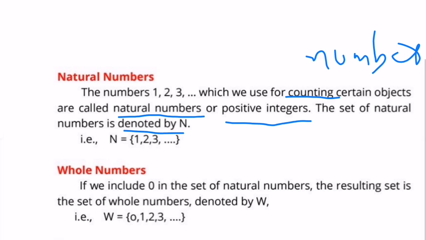So the number which we use for counting is called a natural number. Whole number: if we include 0 in the set of natural numbers, the resulting set is the set of whole numbers.